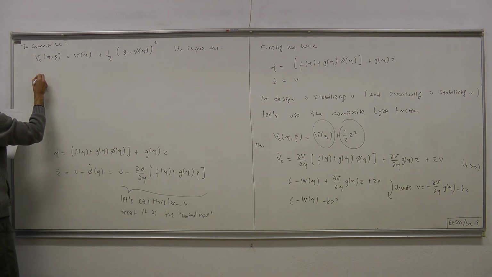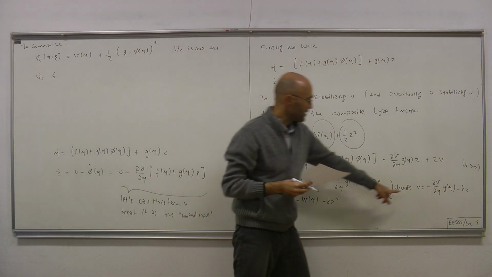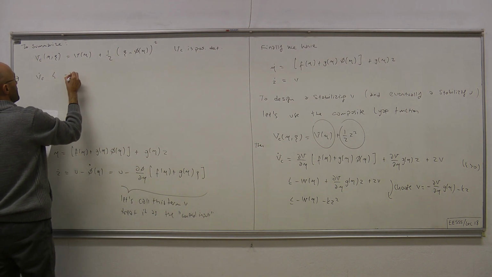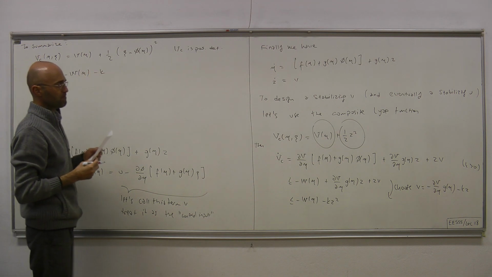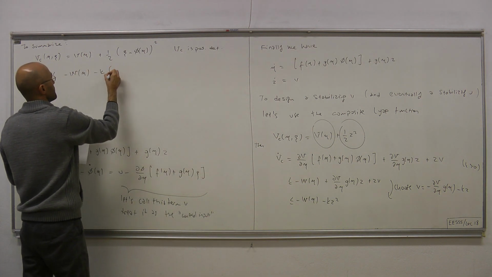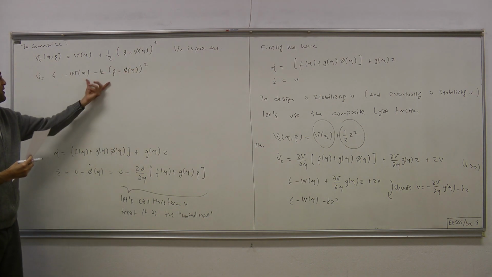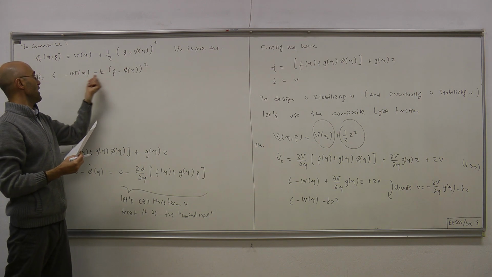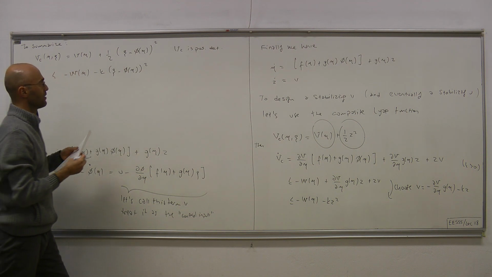And then we see that by choosing V as that term, we have V dot less than or equal to minus W of eta minus K times Z squared. And this here is Z, so we have Xi minus phi of eta squared. And it's clear that this is negative definite with respect to eta and Xi, because K is a positive number.